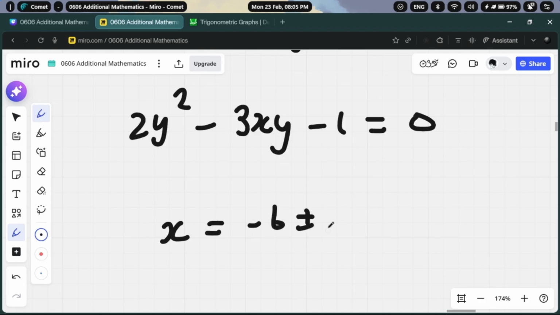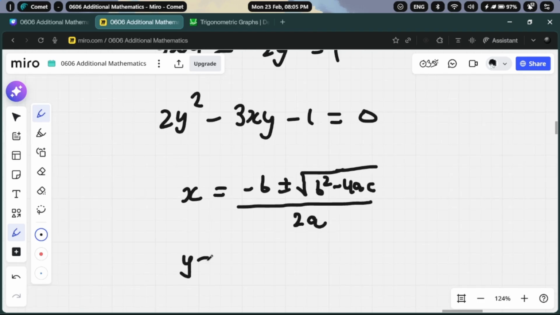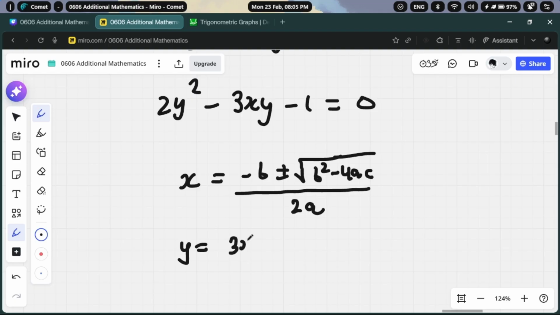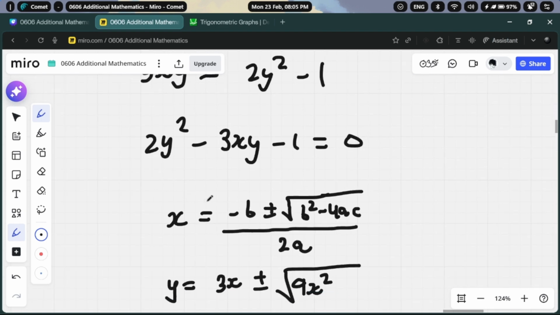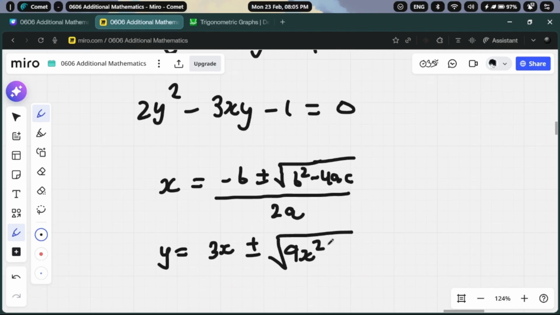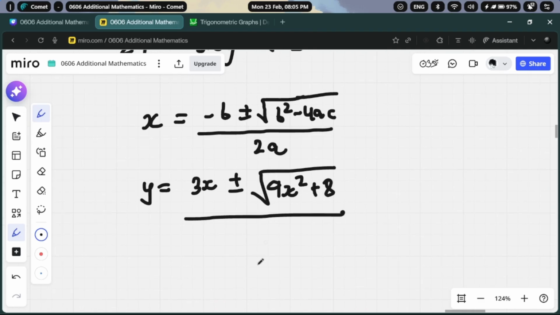As you can recall, x is equal to minus b plus minus root of b squared minus 4ac over 2a. So you can say y is equal to minus b, which is 3x, plus minus root of b squared, which is 9x squared, minus 4ac, which would be minus 4 times 2 times minus 1, so 4 times 2, which is 8, over 2a, which is going to be 4.